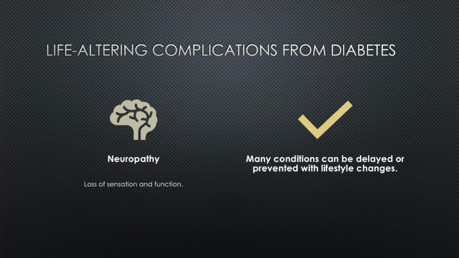So I mentioned neuropathy before. Neuropathy is simply nerve damage that results in the loss of sensation and function. A lot of these patients will be on gabapentin, which is Neurontin, for neuropathy. It often affects the peripheral nerves, which causes diminished sensation and function in the extremities, like paresthesia, which can blunt pain perception, causing ulcers to go unnoticed until they become seriously infected.